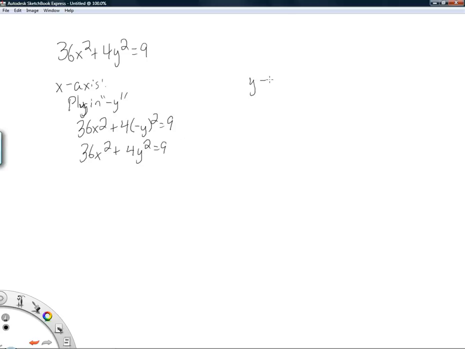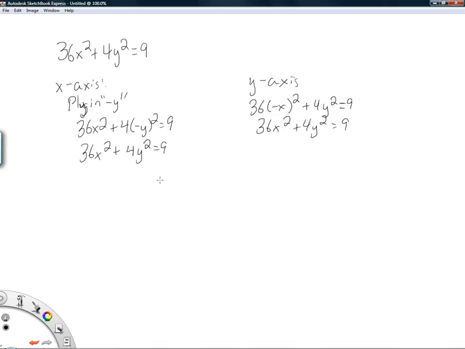Testing for y, plug in the opposite of x. So 36 times the opposite of x squared plus 4y squared equals 9. And similar to the last one, when you simplify, you get back the original. So this also has y-axis symmetry.